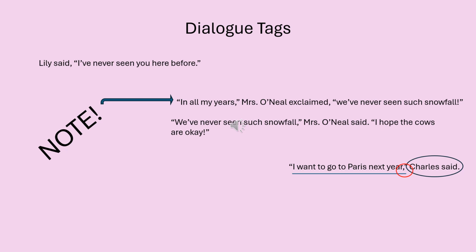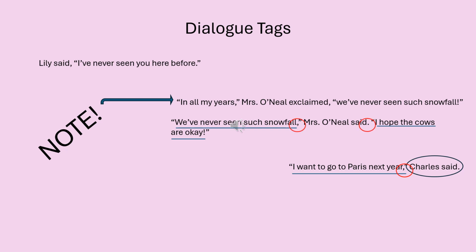In the second example, there are two different sentences of dialogue. "I've never seen such snowfall" and "I hope the cows are okay." These are two different sentences. So the dialogue tag is coming between them, but as far as punctuation goes, the dialogue tag is actually punctuated like a dialogue tag that comes at the end.